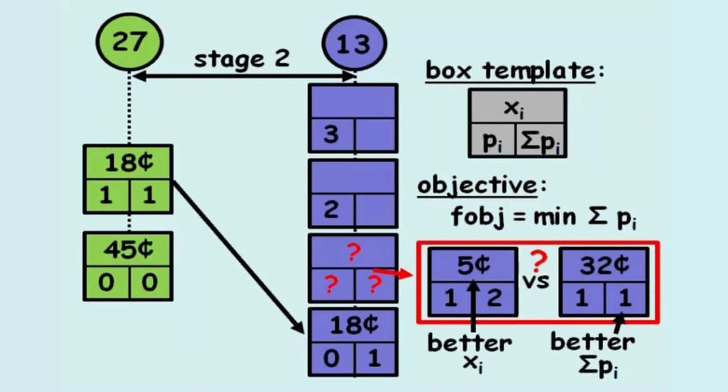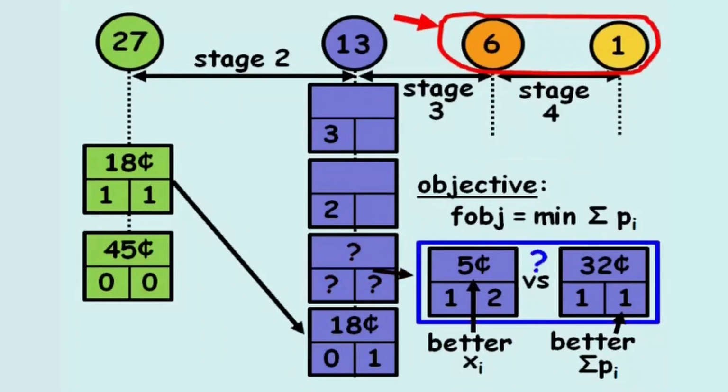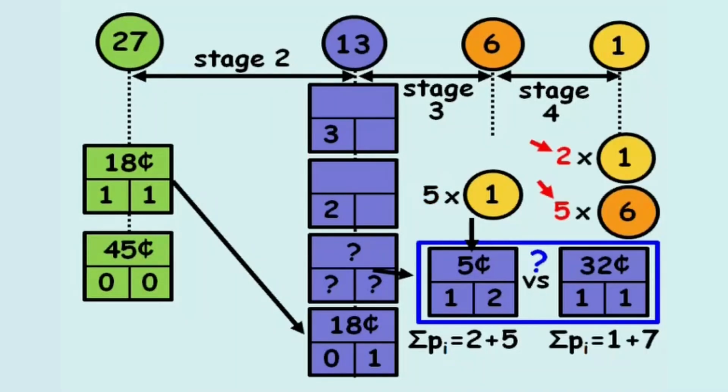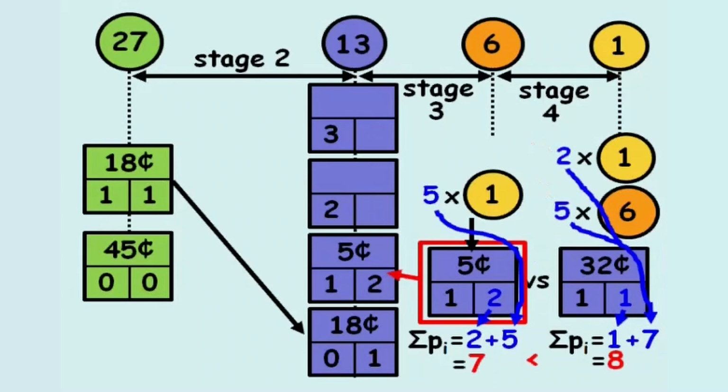However, since the next two coins are 6 cents and 1 cent in value, it would only take 5 more coins to make change with the left box and 7 more coins to make change with the right box. Therefore, we'll choose the left box, which includes the 27-cent coin.